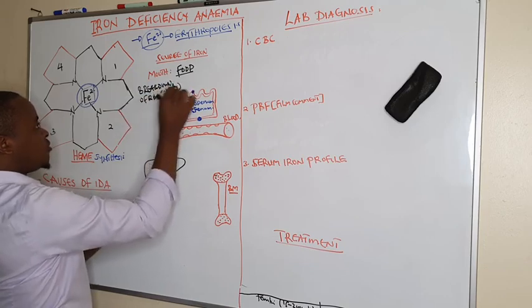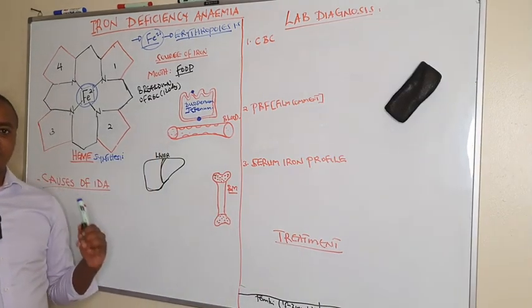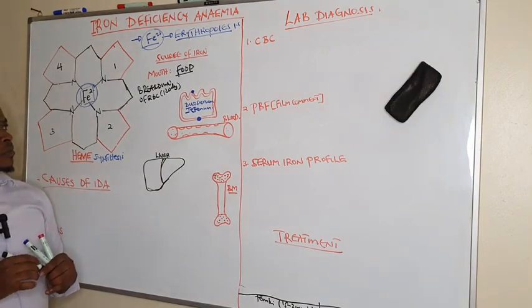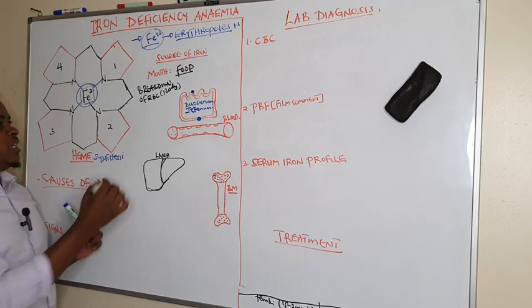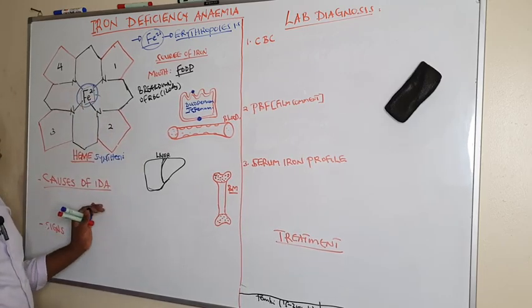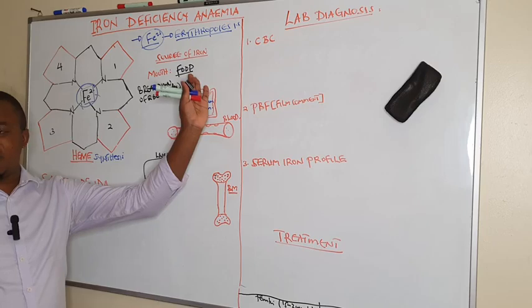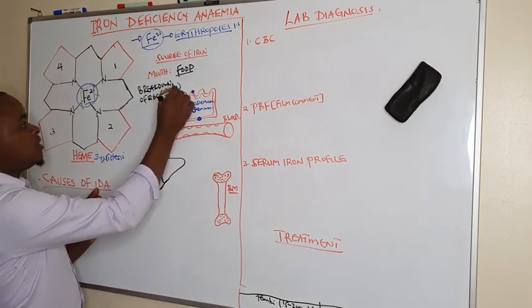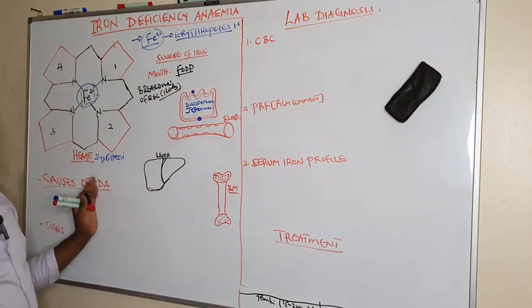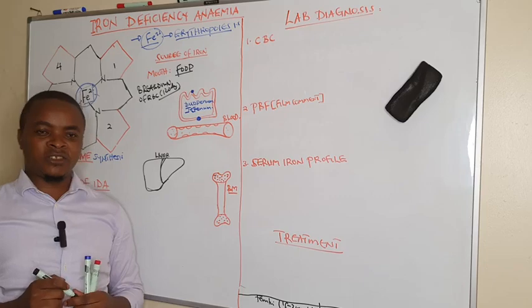After 120 days, RBCs are broken down to give heme, and heme contains iron. So there are only 2 sources: dietary, which is the most common source, and the breakdown of RBCs when they reach their senile stage.